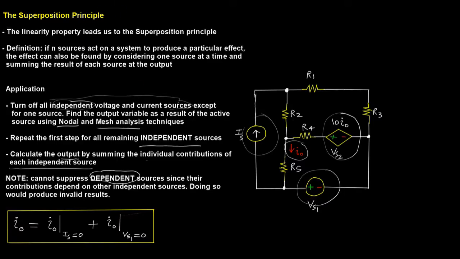The way you do that is you simply short a voltage source out on paper. You don't do this in real life, you only do it on paper. We short this guy out, and by shorting it, we zero out the voltage across these nodes. Once we do that, this simply turns into a line, and then we again find this particular Iout by doing mesh or nodal analysis techniques.